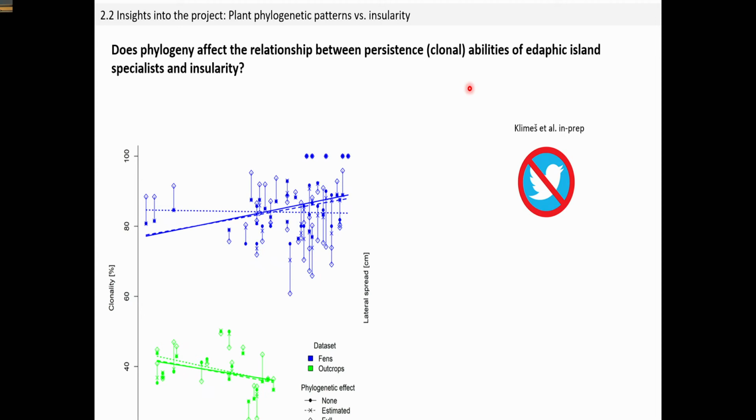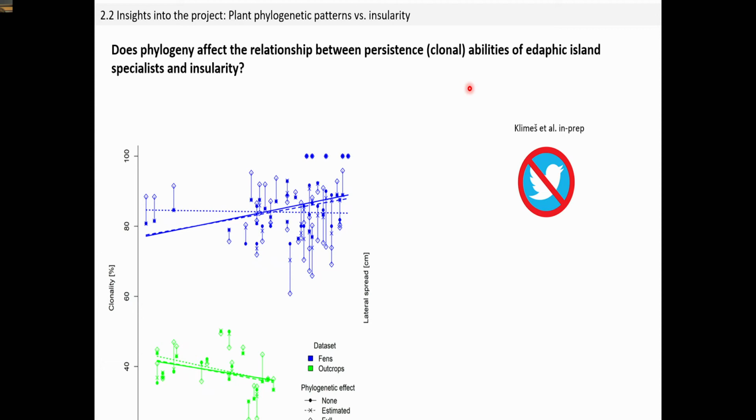Namely, whether the pattern that we observed in Luisa's paper is something we can reliably associate with insularity, or whether there is also an evolutionary effect that can help explain it.